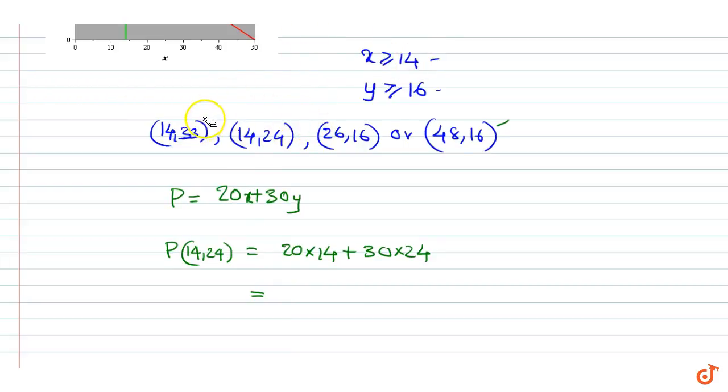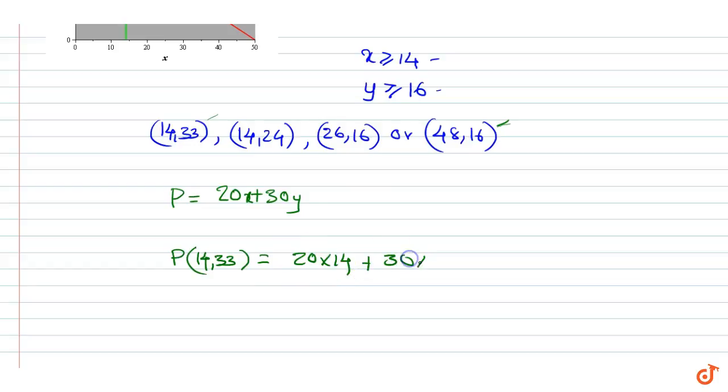The maximum profit occurs at either this point or this point. So here it should be P(14, 33) equal to 20 into 14 plus 30 into 33. This is equal to 280 plus 990.